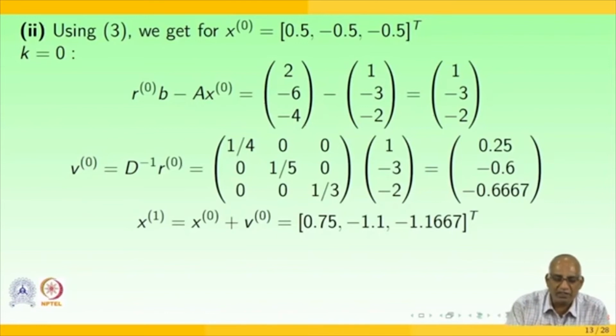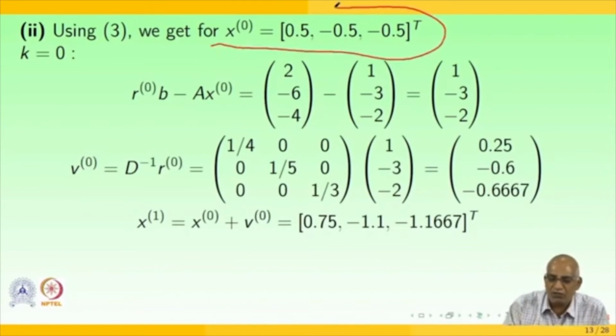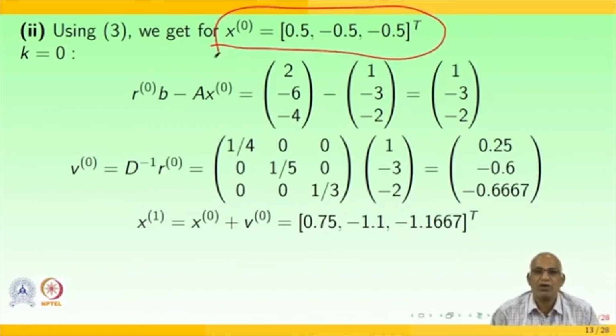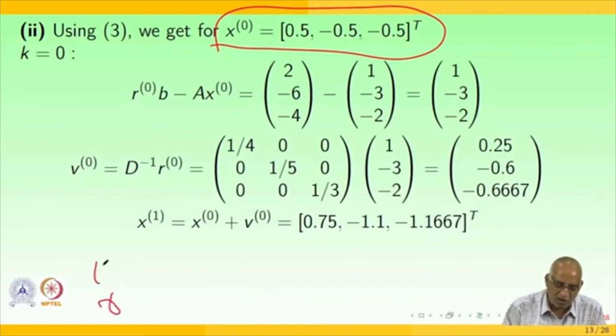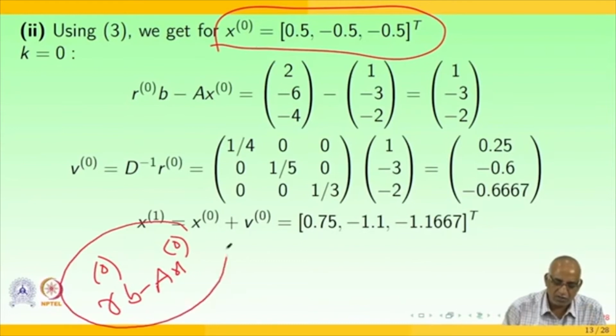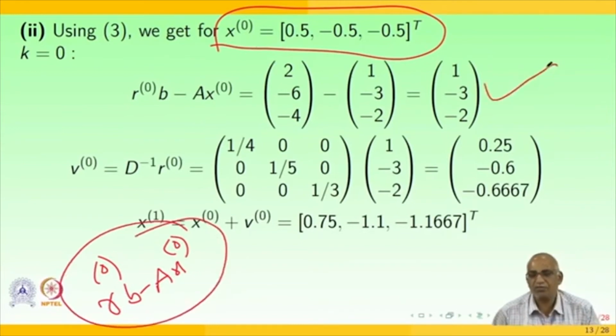And using 3, we are able to achieve this x of 0 as 0.5, minus 0.5, minus 0.5 transpose. So when I try to compute this error, that is R0 equal to B minus A x of 0, you arrive at this value 1, minus 3, minus 2.